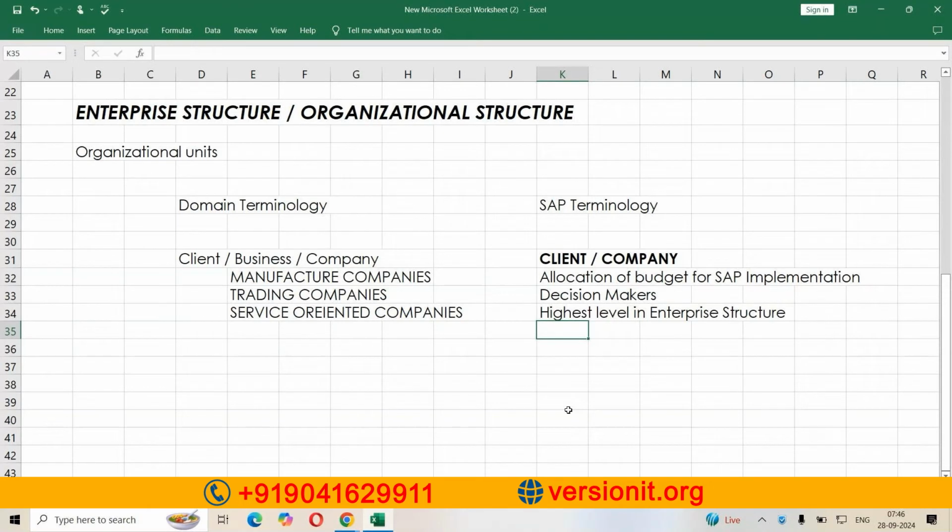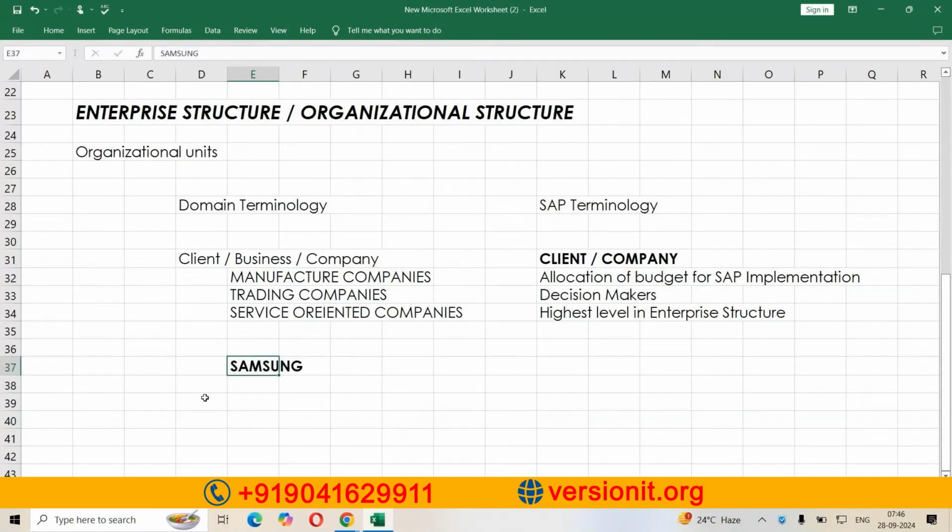Now, I'm trying to take one example over here, on the name of Samsung. Samsung is an electronics-based manufacturing company which runs the business across the globe. They run the business in UK, in USA, in India, in Australia, in the Gulf location, at different locations.